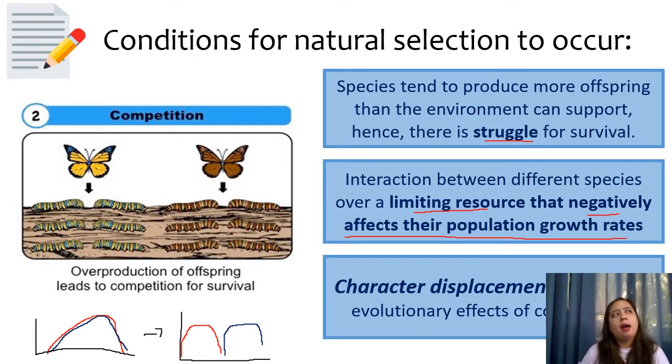A very good example here is the finches in the Galapagos Island of Charles Darwin. Charles Darwin looked at the finches on the north, the south, the east, and the west side of the Galapagos Island, and he noticed they were all finches, or birds. They belong to the same genus.